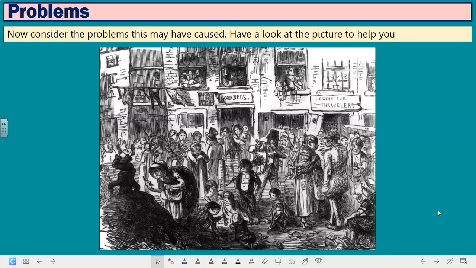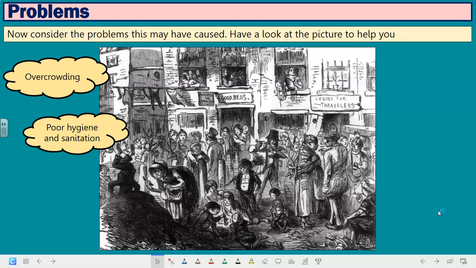So we can see here in this picture, there is quite a lot going on. The first thing that I can see is that there is overcrowding. People are crammed in together and there's lots and lots going on. Some other problems that you might have come up with are poor hygiene and sanitation. We can see there are piles of rubbish or dirt here and people don't look particularly clean.